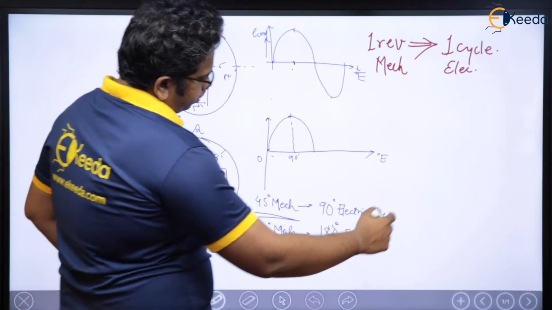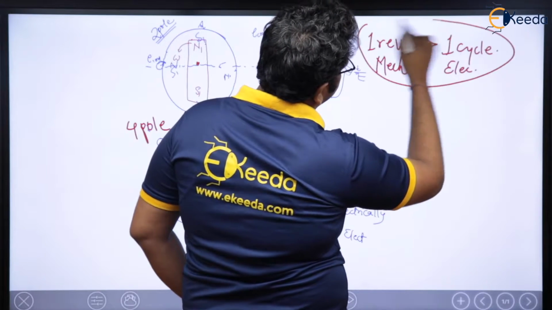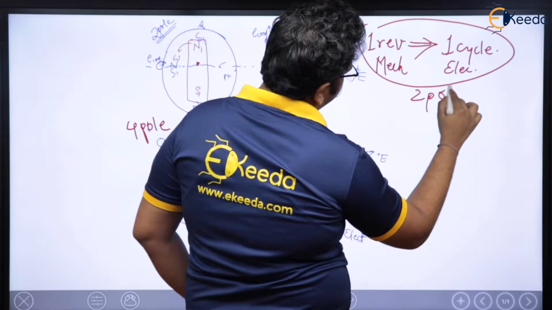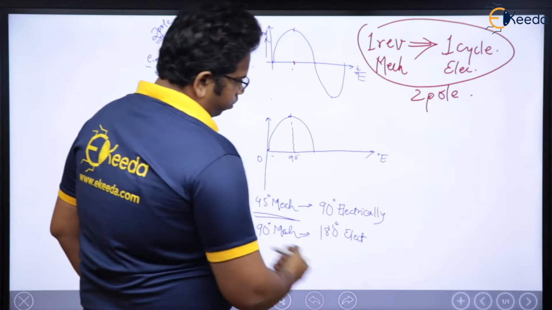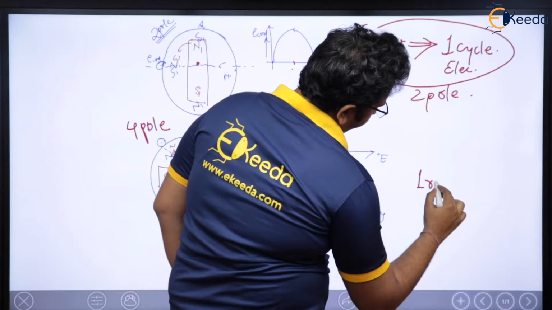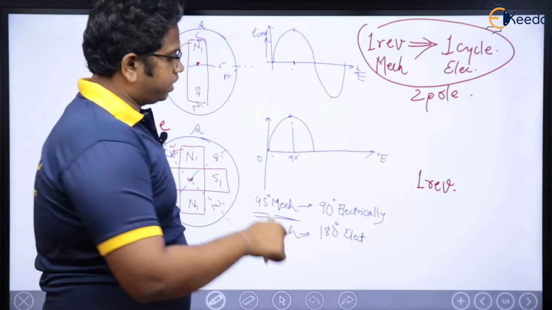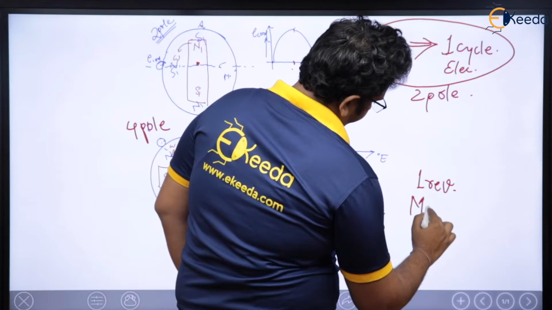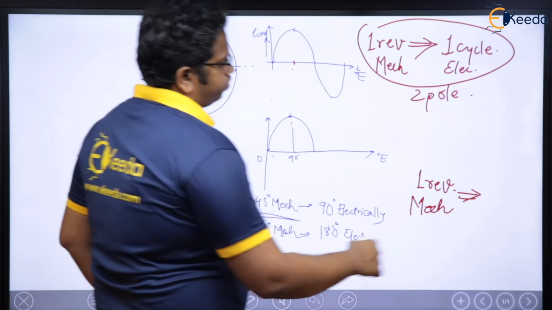So here if you see, one revolution will produce what? 2 cycles of induced voltage.